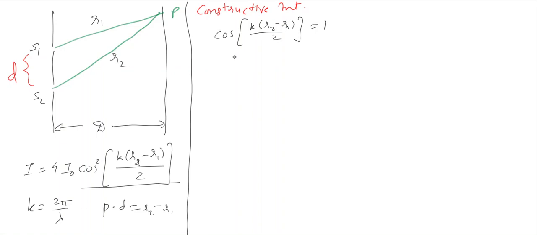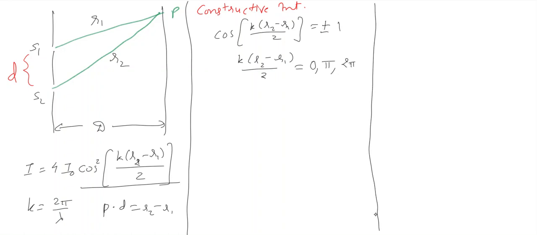So cos theta is 1 when k (r2 minus r1) by 2 is either 0, or pi, or 2 pi. I am considering pi because we are going to take the square of cos, and what we want is plus or minus 1, not only 1.